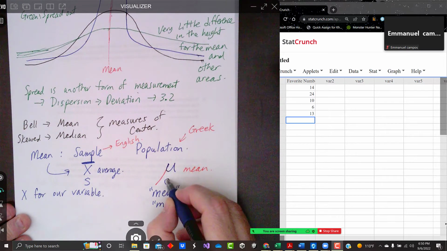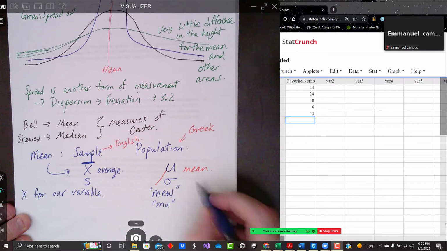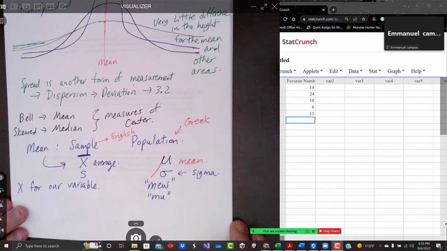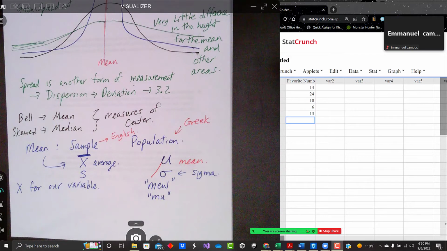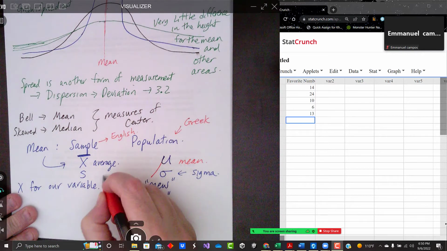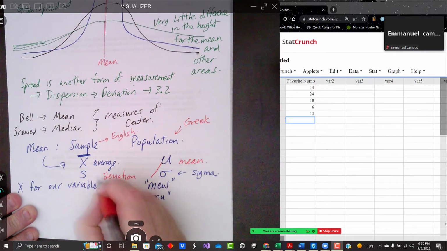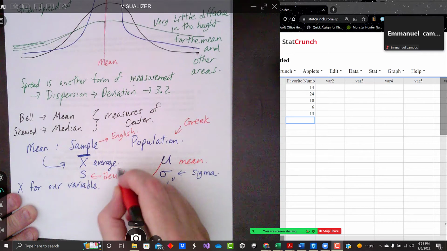For population, we will use an O with a long tail on top. This is a lowercase sigma. And these two will be for deviation, standard deviation.